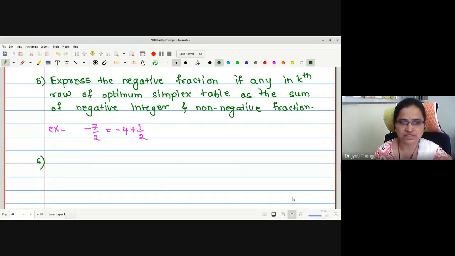Now, once the kth row is selected, that is, the kth variable is selected to convert to an integer value, at this stage we are ready to construct the Gomorian constraint.